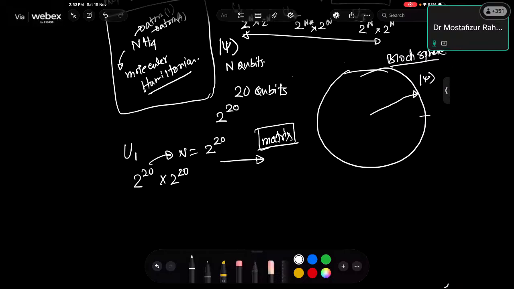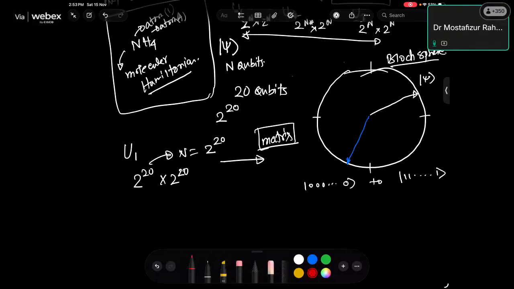I'm not drawing it like ket 0 or ket 1 because there are so many such basis states. Suppose you are here, and suppose your solution is here. You have to reach here, then do a measurement.